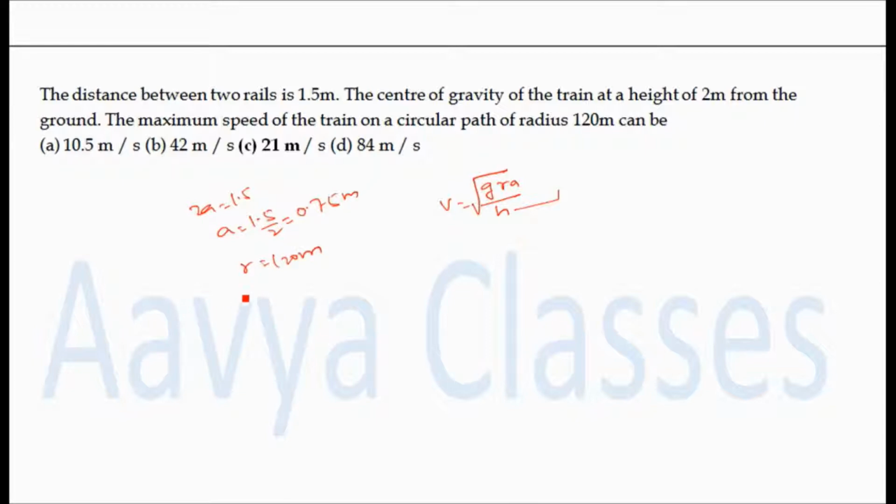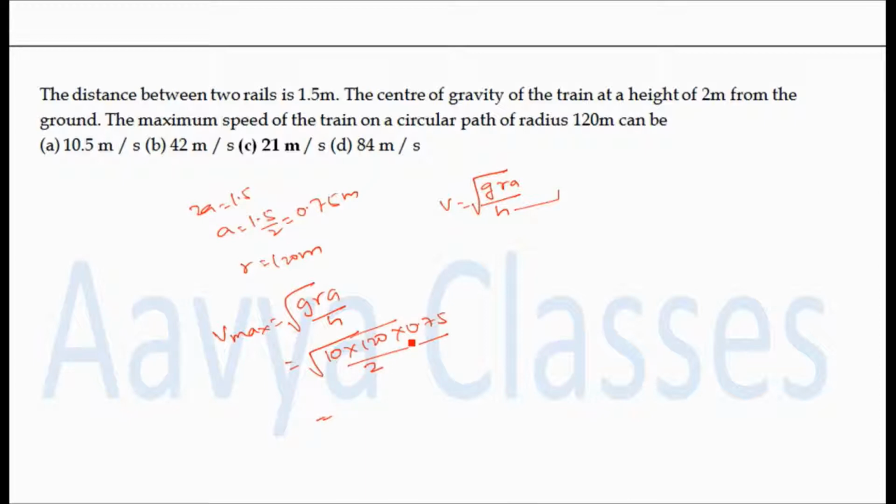So if I put in the values of all these terms, then we get v max is equal to the square root of gra divided by h, where the value of g is 10, the value of r is 120, and a is equal to 0.75 divided by 2.